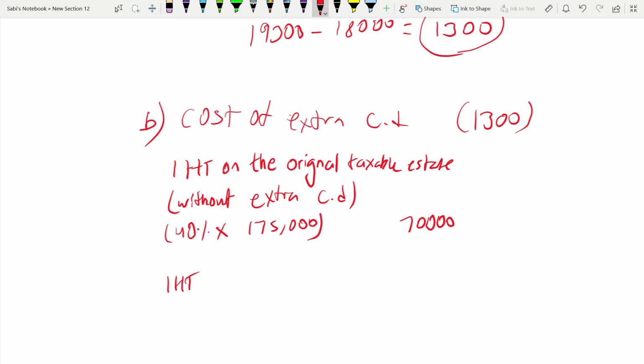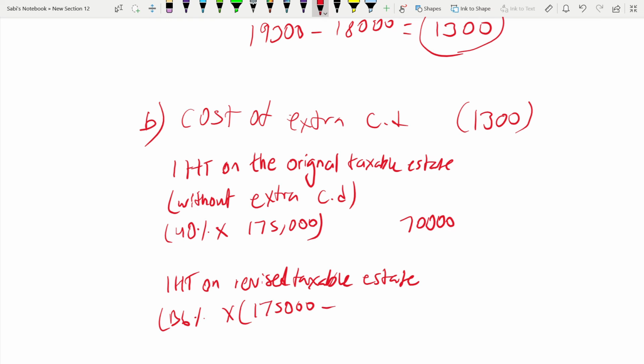Next, it would be 36%, isn't it? On the difference. Before it was 175,000. Now your estate will fall by that extra 1,300 donation that you are making, because a charitable donation is an exempt legacy. So it will fall from your taxable estate, giving an IHT of 62,532.